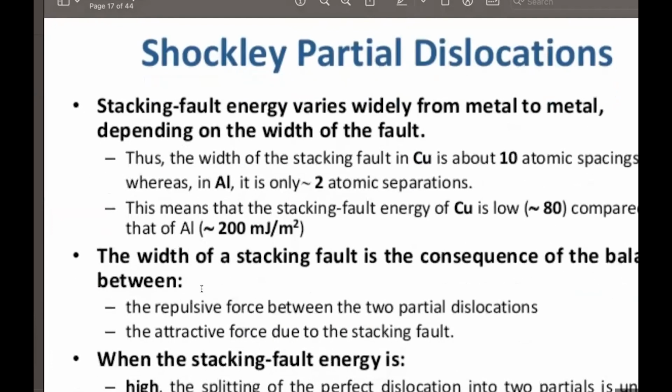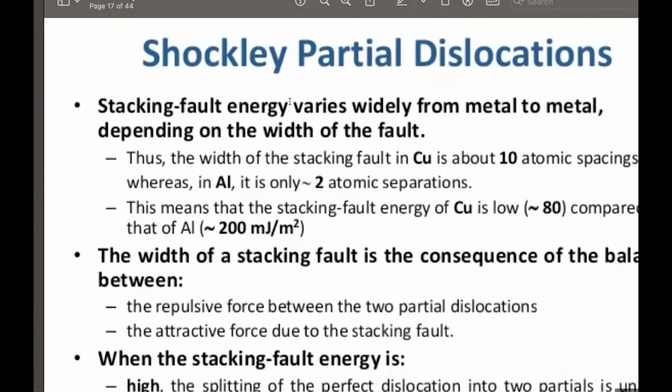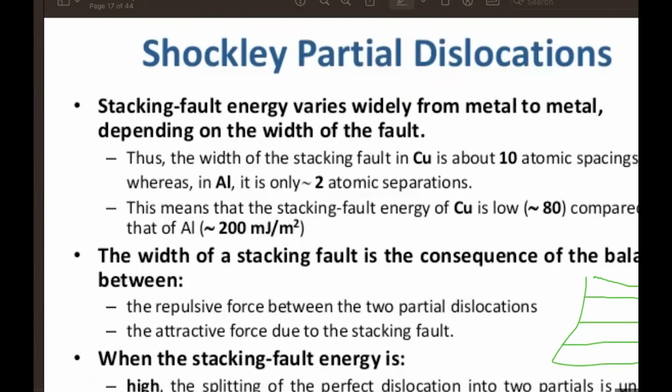For Shockley partial dislocations, the stacking fault energy varies widely from metal to metal depending on the width of the fault. What I mean is we have a 111 plane, and an edge dislocation decomposes into two Shockley partials, and the stacking fault energy depends on the separation distance d between these.